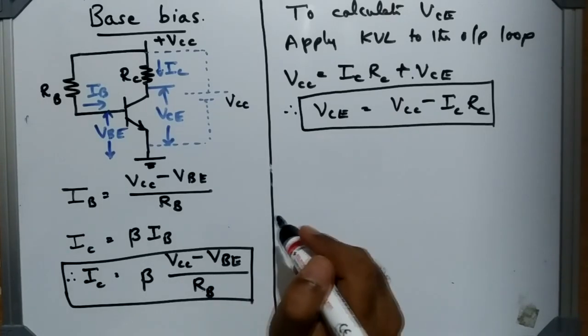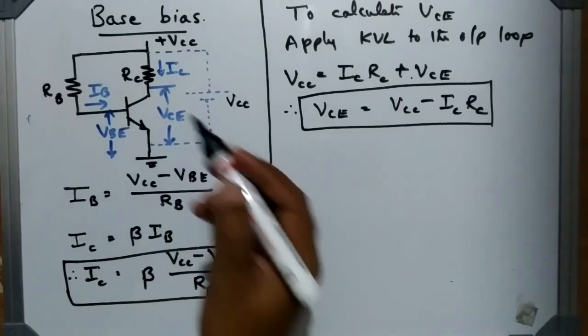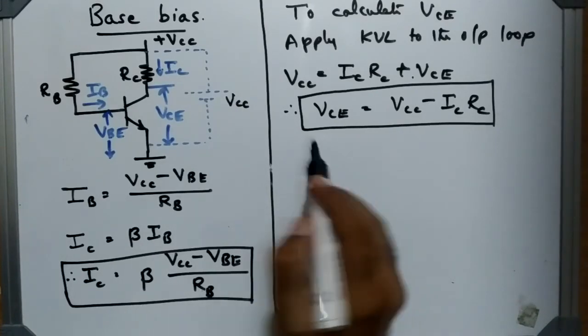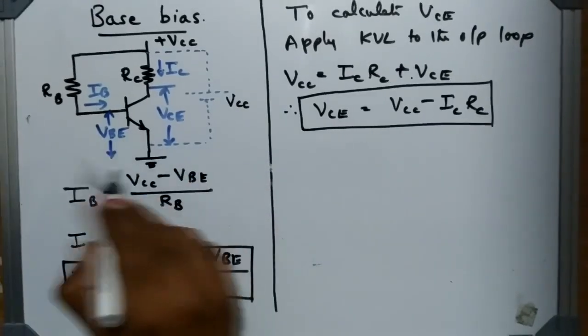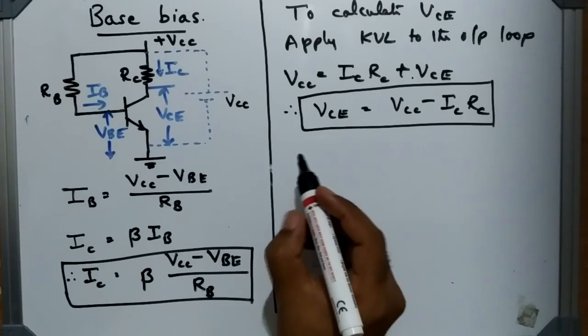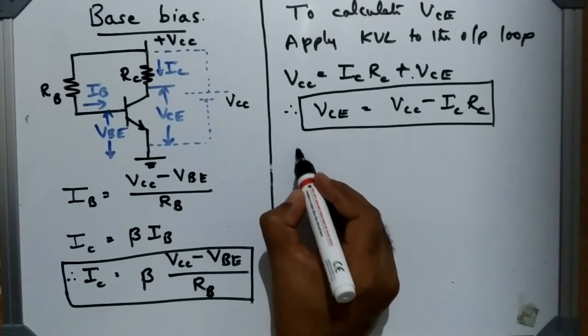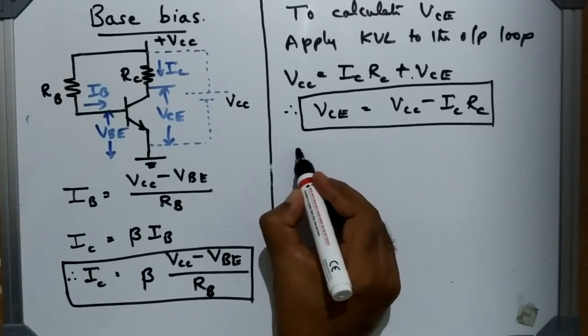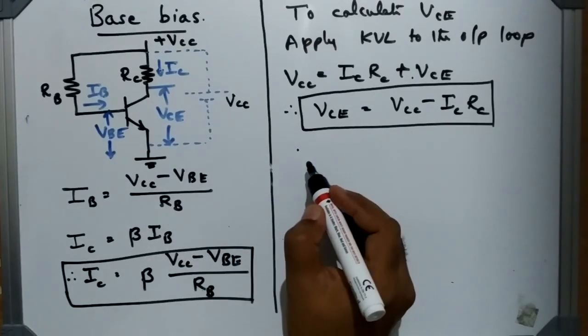Now the disadvantage of this is, suppose IC varies due to the excess use of this biasing circuit. Let us say IC is flowing. When IC is flowing, the temperature will increase.